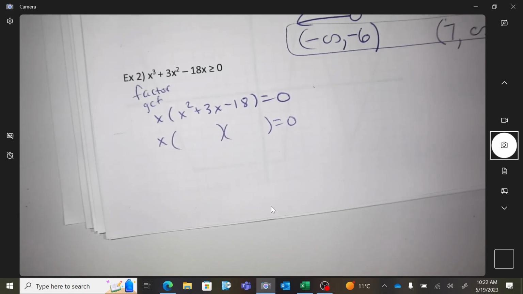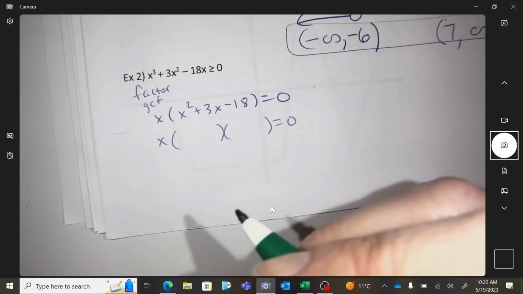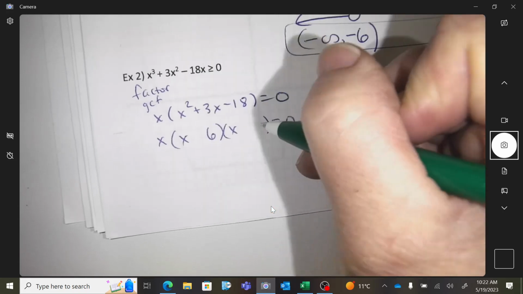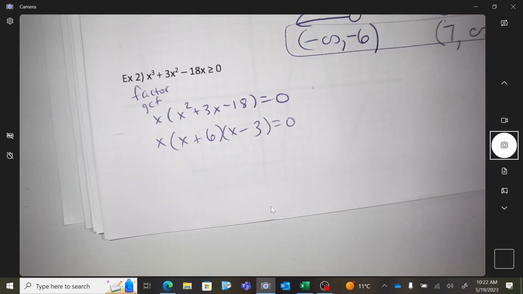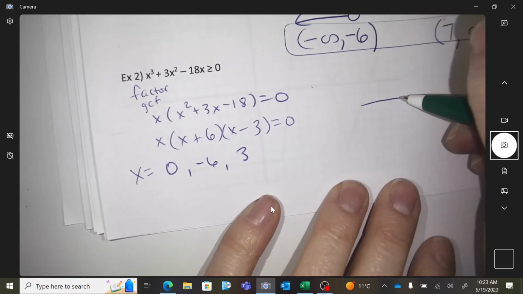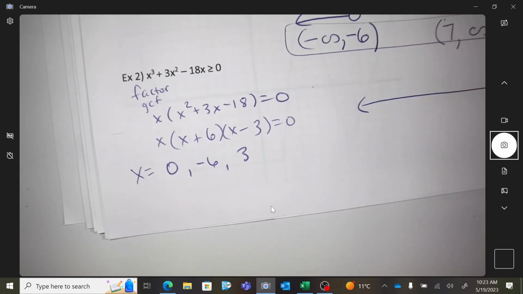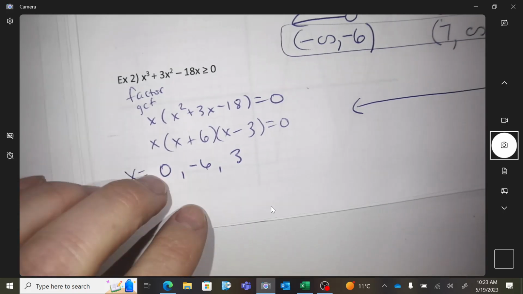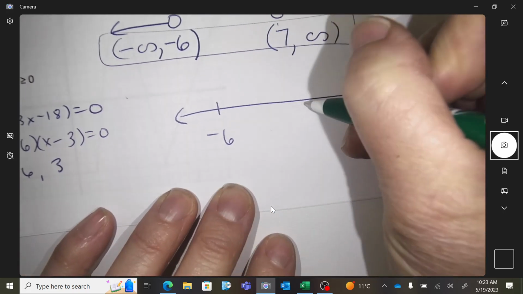It can't just disappear. Multiplies to 18. Okay, so I actually have 3 X values. This is cubic, so there's going to be 3 X values on this one, which are 0, -6, and 3. So I'm going to put those on a number line.